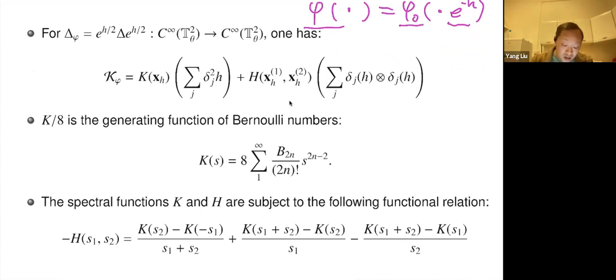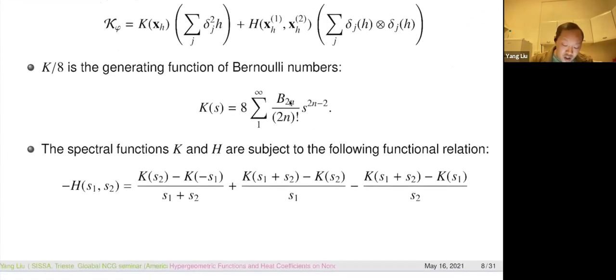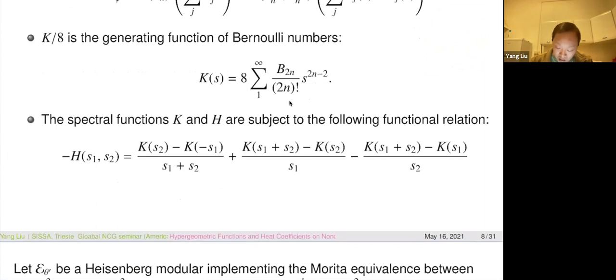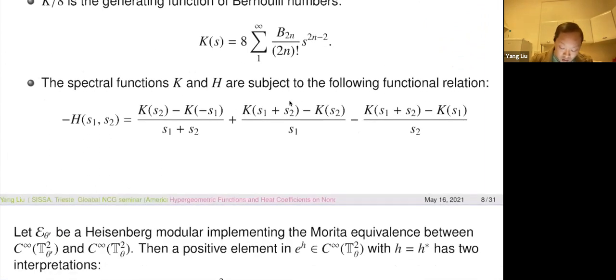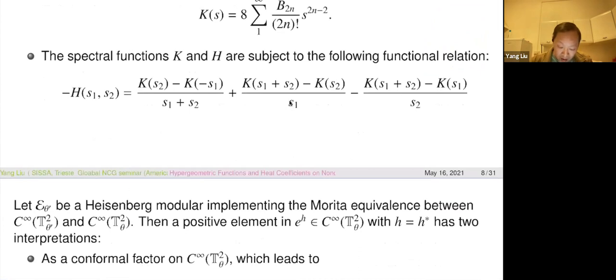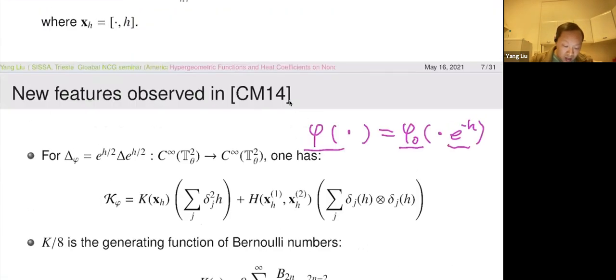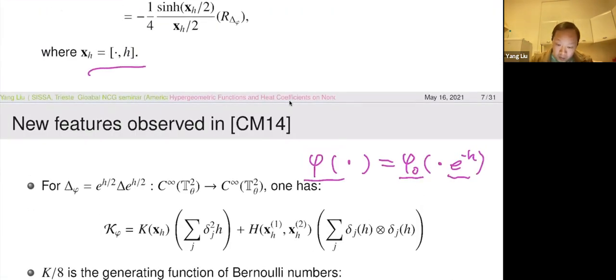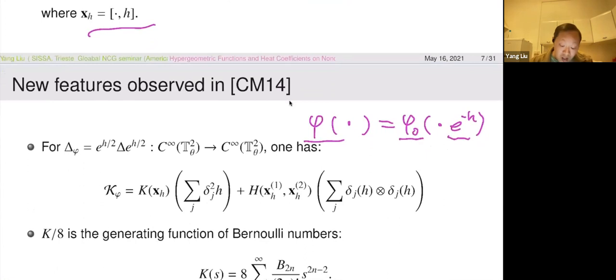So this conjugation by h is the generator.